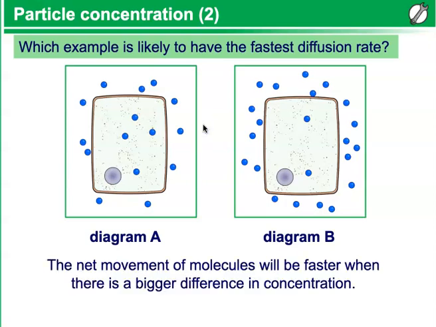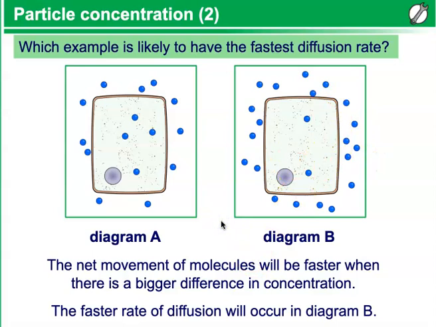The net movement of molecules will be faster when there is a bigger difference in concentration. Notice there are far more particles outside than inside this cell. The rate of diffusion will be greater here as particles rush in. So the faster rate of diffusion will occur in diagram B.